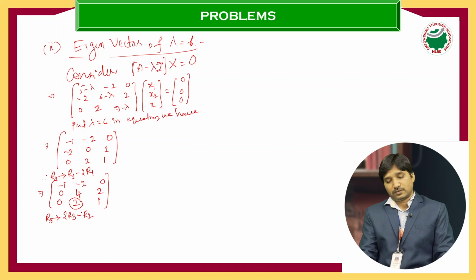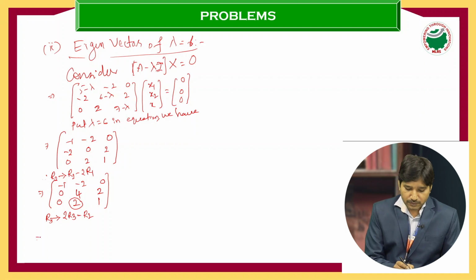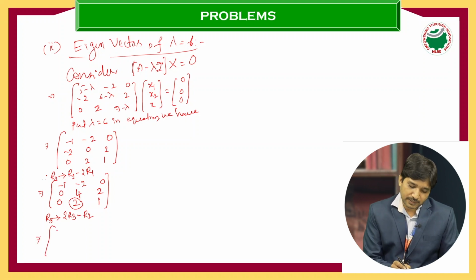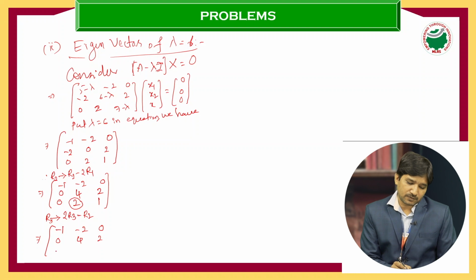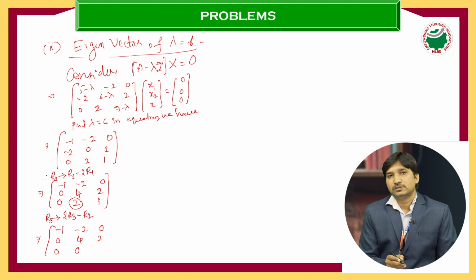So we get the matrix -1, -2, 0, 0, 4, 2. And the last one is 0. Multiply by 2, 2 2s are 4, 4 minus 4, 0. 2 minus 2, 0.